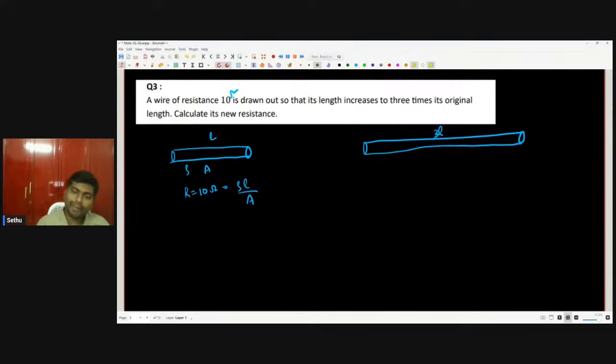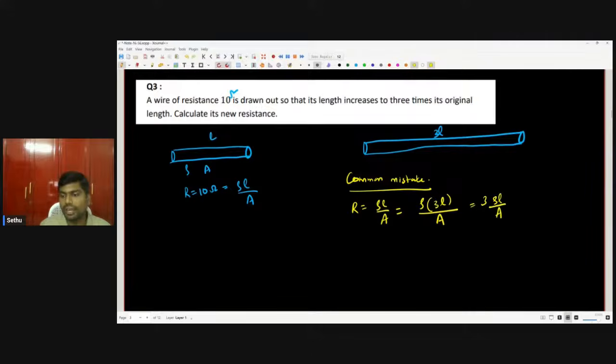Now, one common mistake that a lot of children make is to assume resistance is equal to rho L upon A. Rho is rho. Instead of L, you have got 3L divided by area. So 3 into rho L upon A. Rho L upon A, you already know, is basically 10. So this is 3 into 10, that must be equal to 30 ohms.